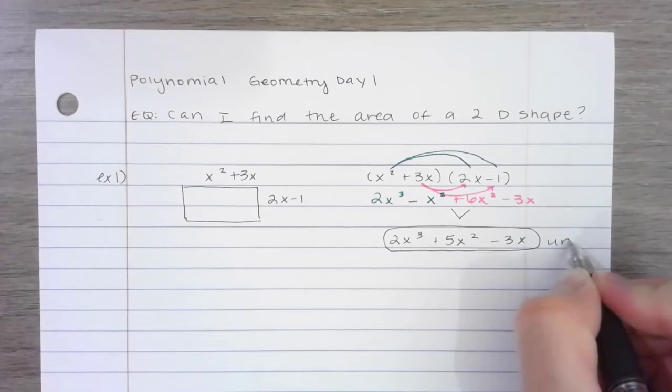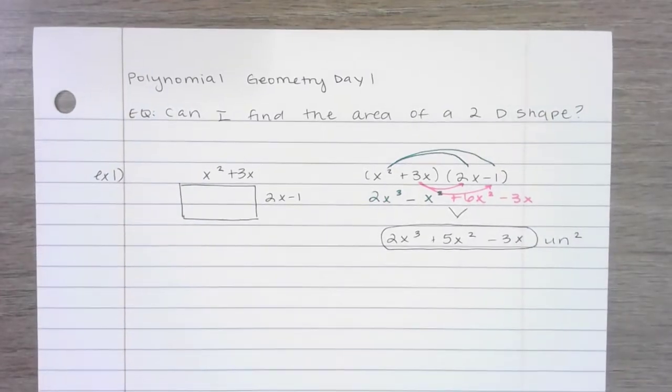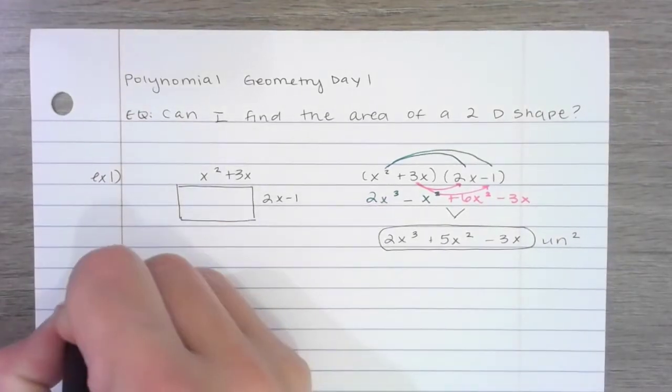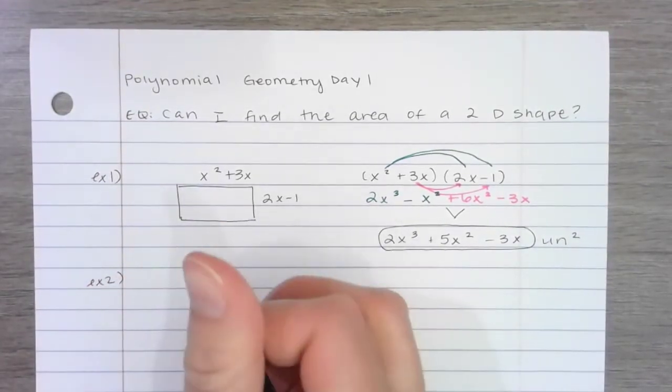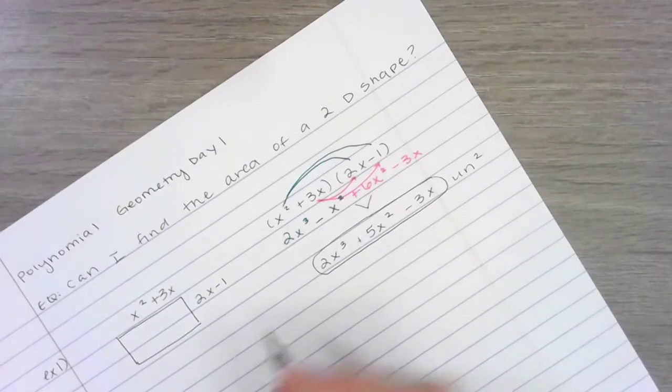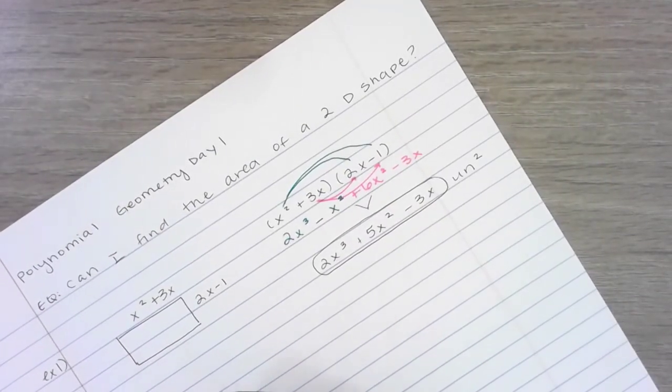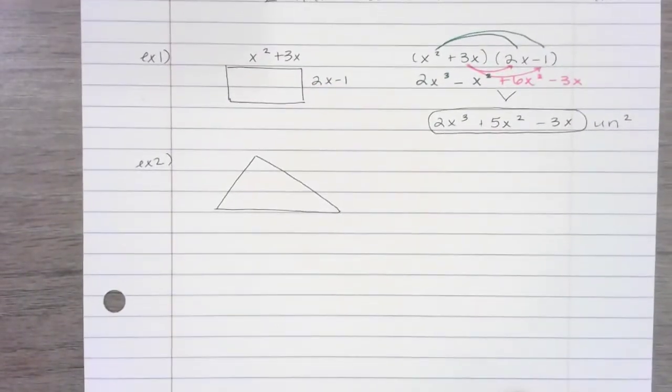So units squared, we normally don't have any sort of units when we work with these polynomials, but if you're worried about a unit, that's the unit that you would use. And let's try one more example just to make sure that we're on the right track. I apologize for turning that paper there. Okay, that's a triangle with no point there.